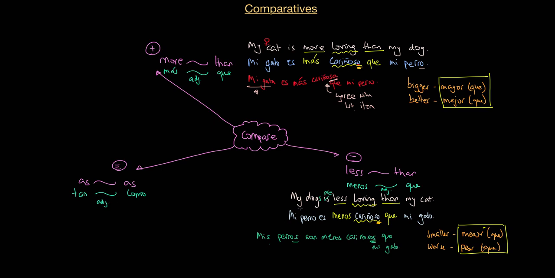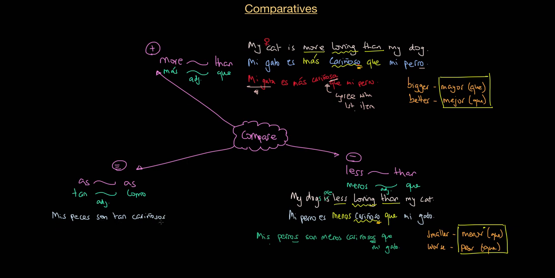So if I wanted to say that, for example, my fish are as loving as my dog, it's a particularly unloving dog, I would say mis peces son tan cariñosos como mi perro.